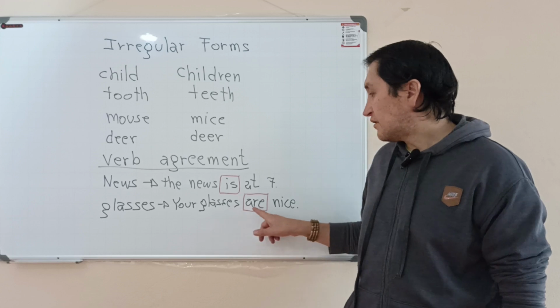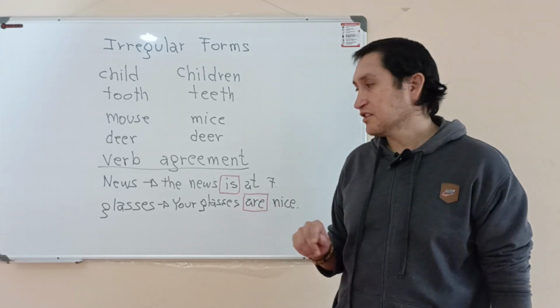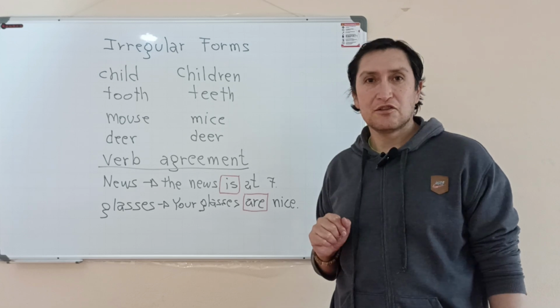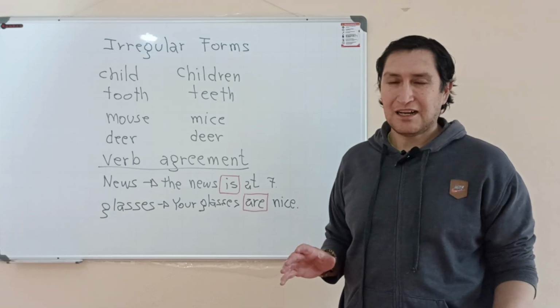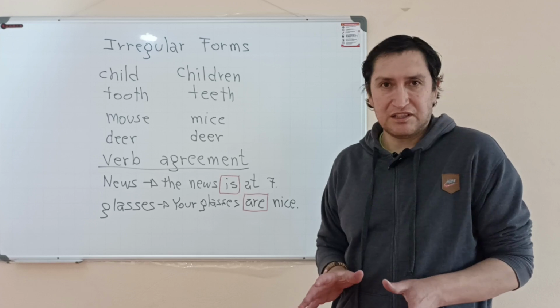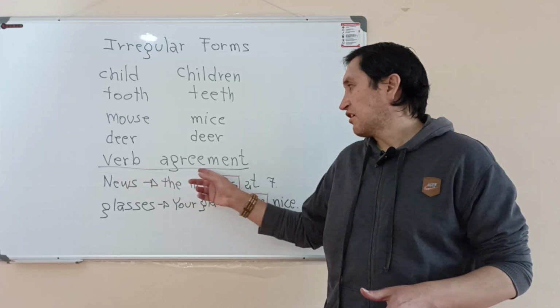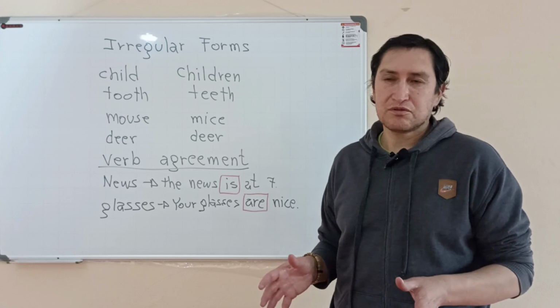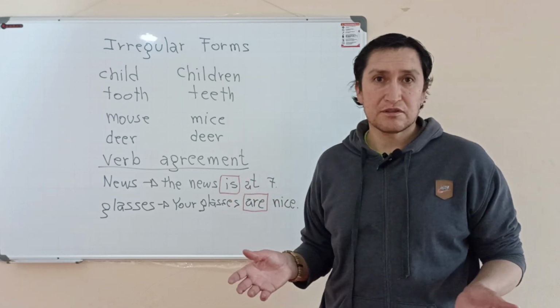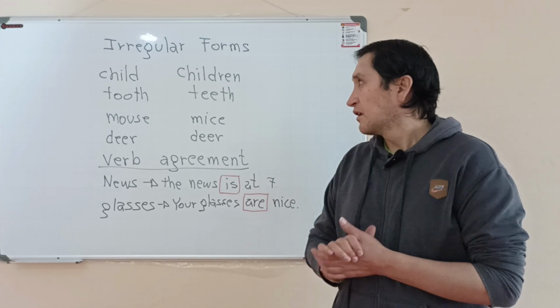Your glasses are nice. Okay, so this could be a little confusing. I don't see any grammar rule about this. These are, as it says, verb agreement. People used to use these words in this way. So it's good to know about this.